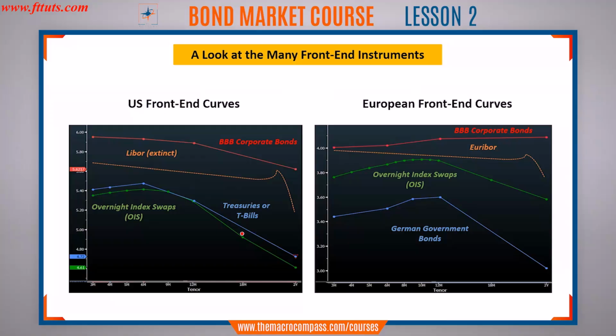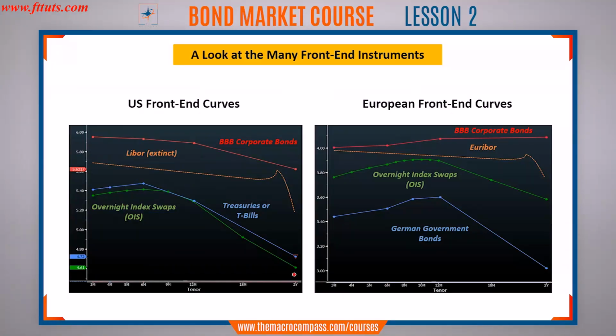In the US, the most commonly used front-end rates and curves are the overnight index swap, OIS, and the Treasury, or I should say the T-bill curve. Notice as I go from 3 months to 2 year as a tenor for these curves, as we're literally focusing on the short end: overnight index swaps, Treasuries or short-dated T-bills, the nowadays extinct US LIBOR in orange, and short-end corporate bonds, in this case BBB rated corporate bonds.